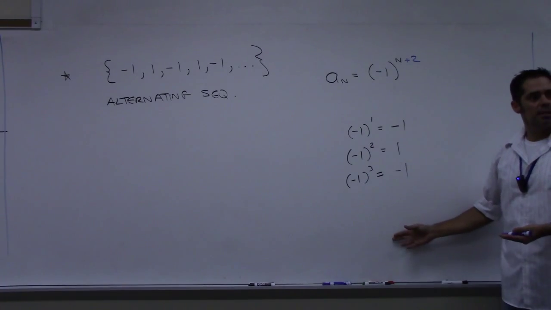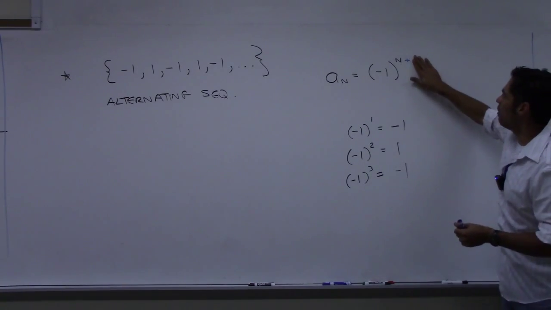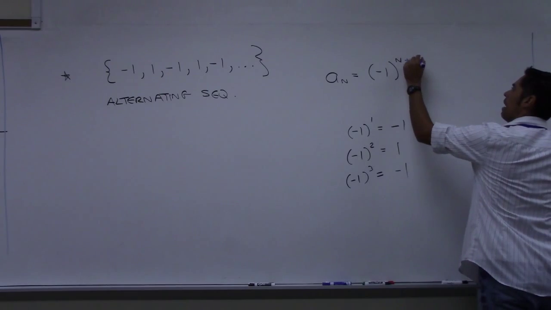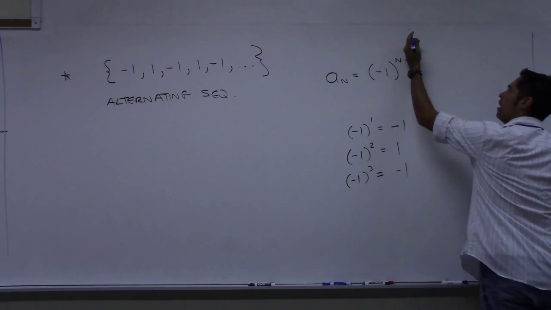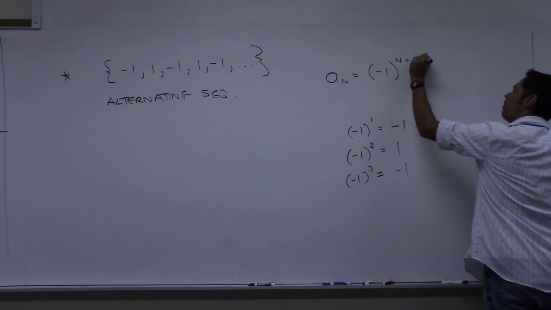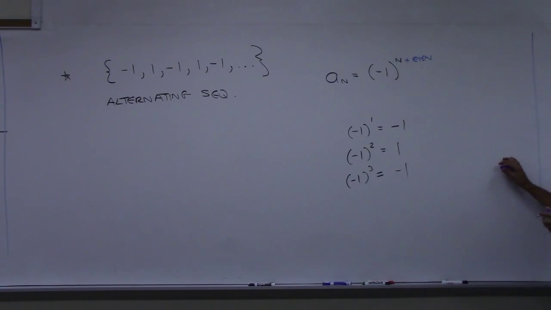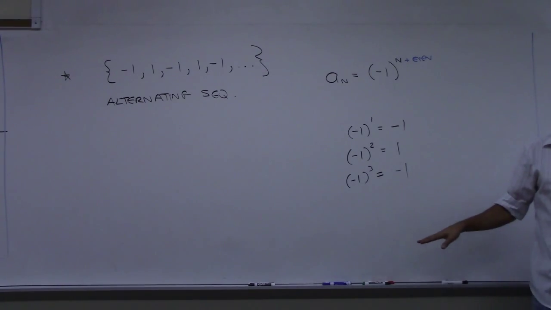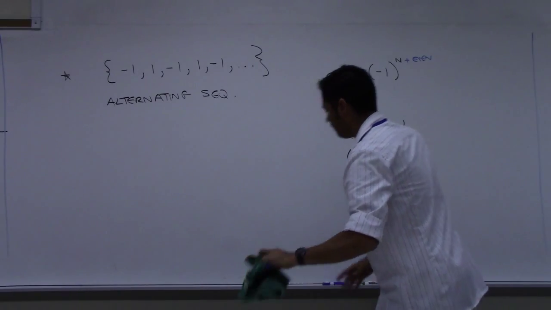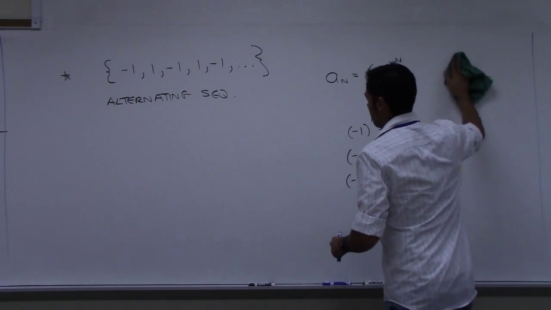That's even. And then 5. So I could have done that, or I could have done, well, could I have done this? Would that have worked also? In fact, n plus what? Any even would have worked, right? N plus any even number, and I would have still generated that same sequence. Just wanted to point that out.